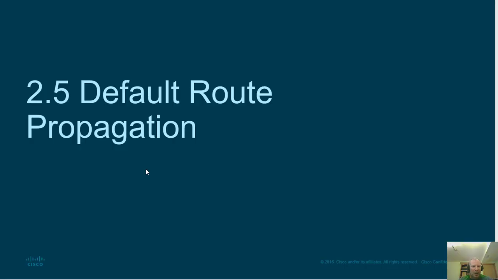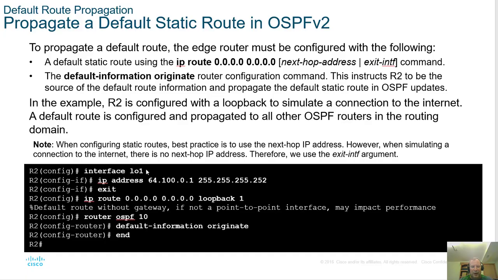Great. We can get through 2.5 as well: default route propagation. Here's the thing. I might have a static default route that's set up to send me out to the internet. If I have a default route to the internet, I would be able to send all of the information that does not match any other routes in my system out to the internet, and that's probably where it goes.